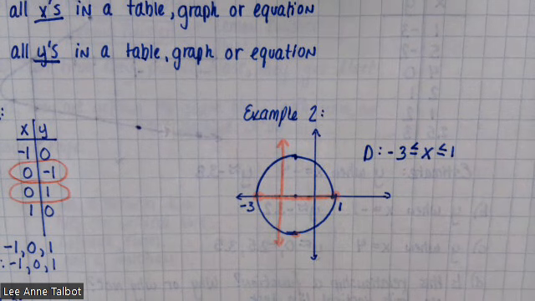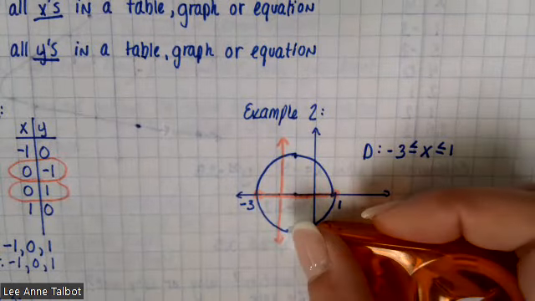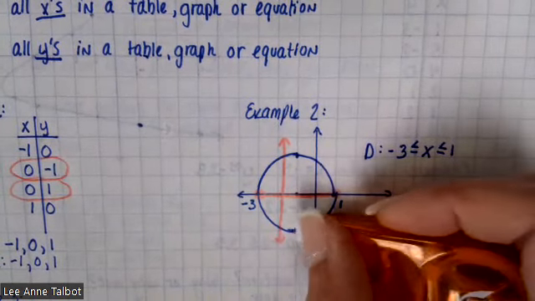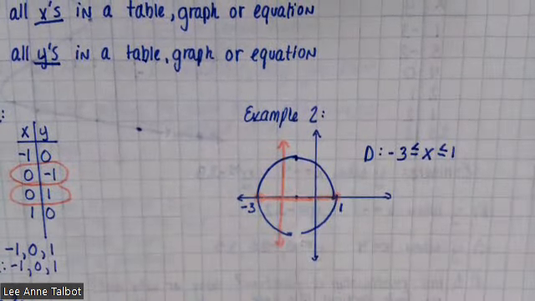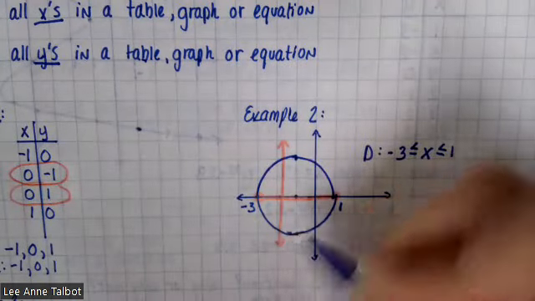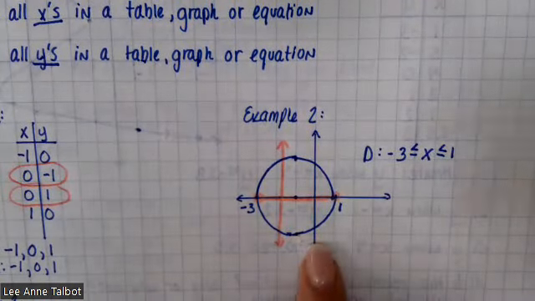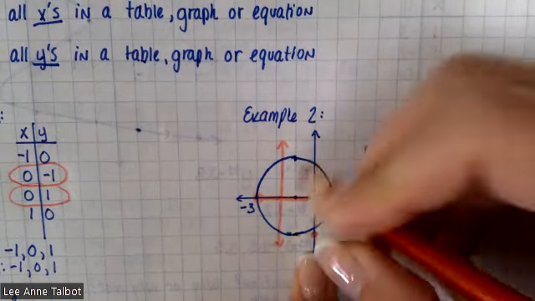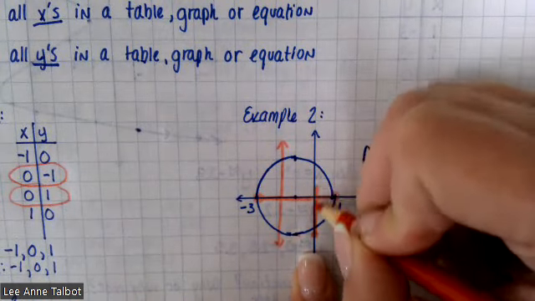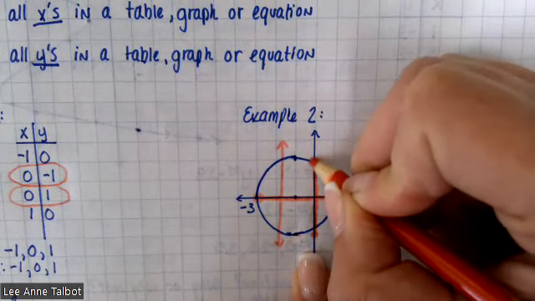And then the range, I'm going to put on the y-axis. Okay, so the bottom of the circle is here. Top of the circle is here.